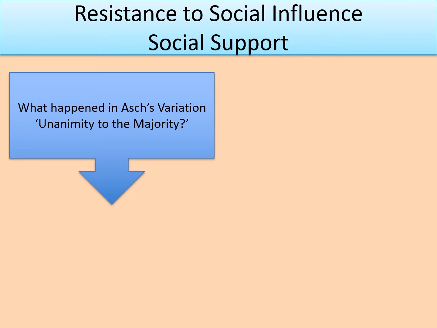In resistance to social influence, we can talk about resisting the pressure to obey and conform. So far we have been separating conformity and obedience, and we know that Asch investigated conformity and that Milgram investigated obedience.